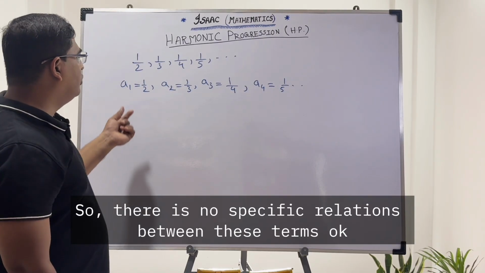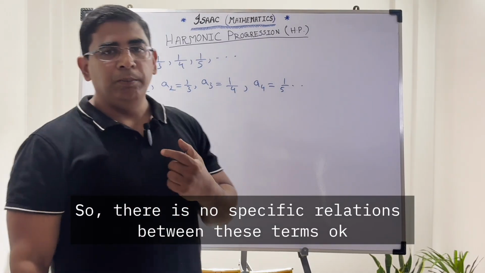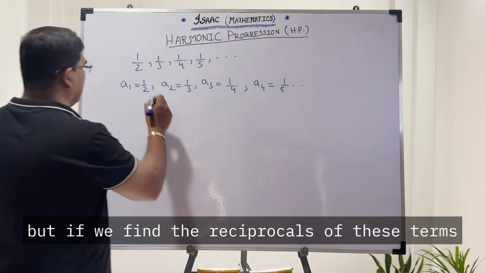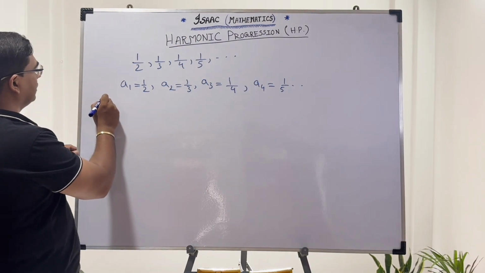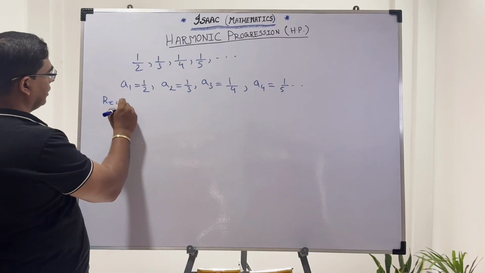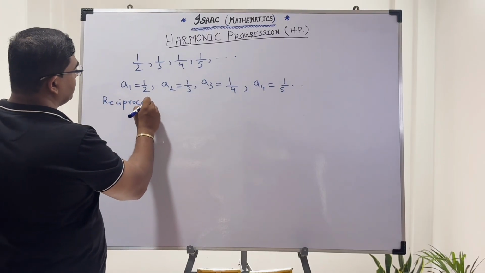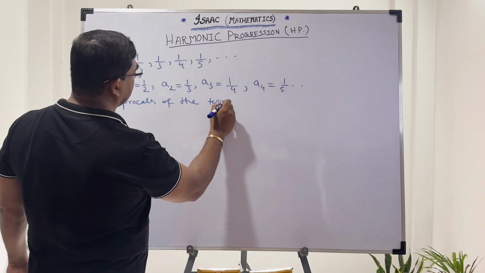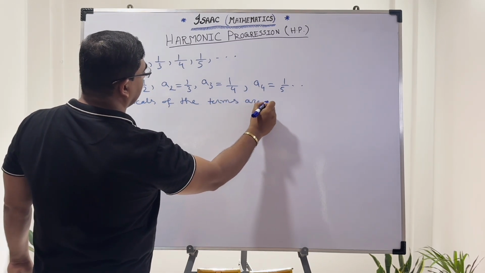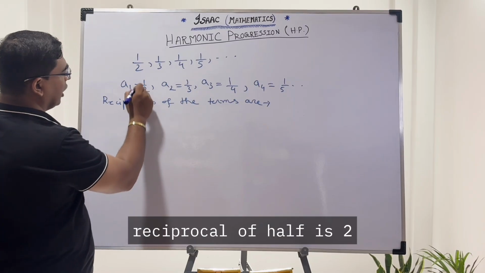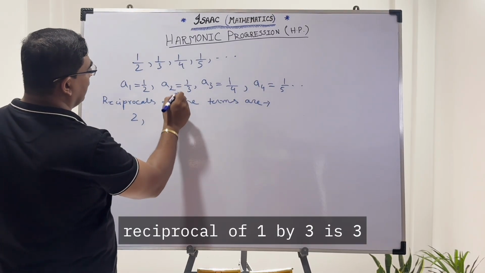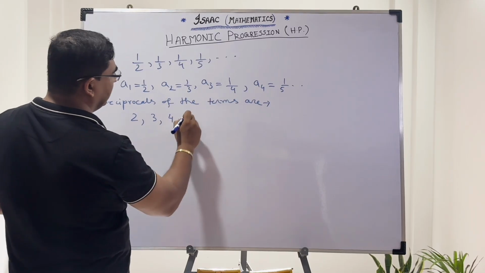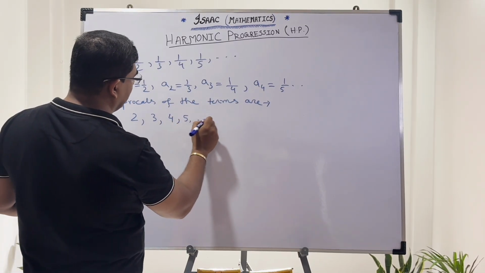So there is no specific relation between these terms. Okay, but if we find the reciprocals of these terms, the reciprocals of the terms are: reciprocal of half is 2, reciprocal of 1 by 3 is 3, reciprocal of 1 by 4 is 4, reciprocal of 1 by 5 is 5.